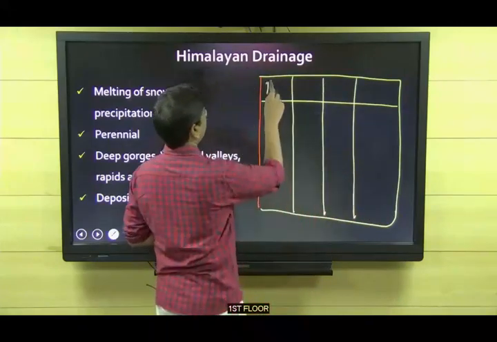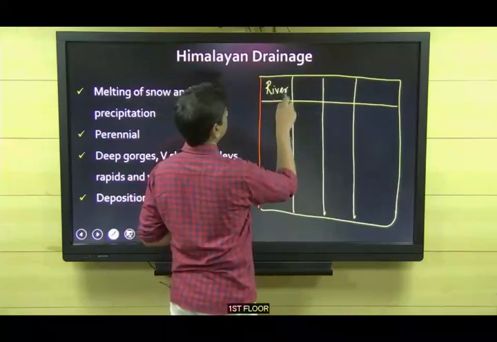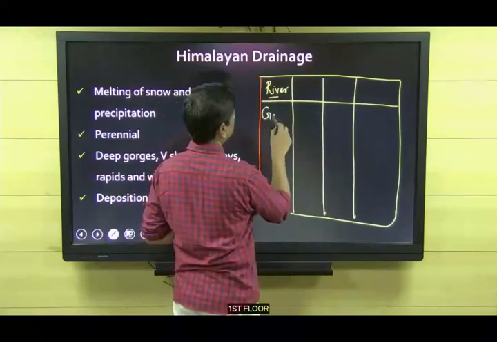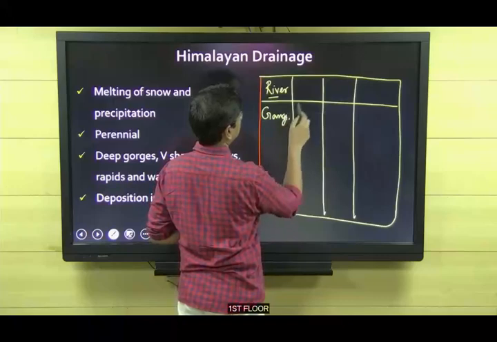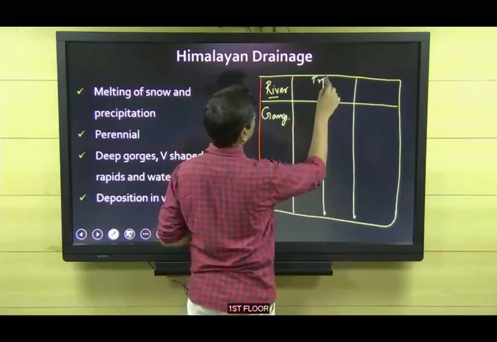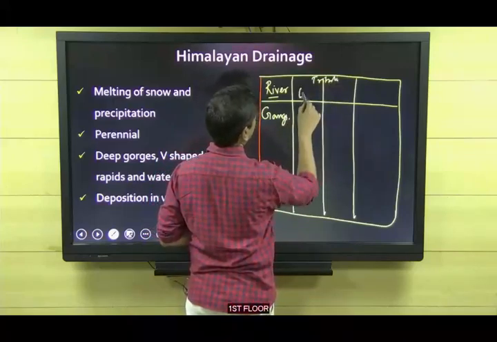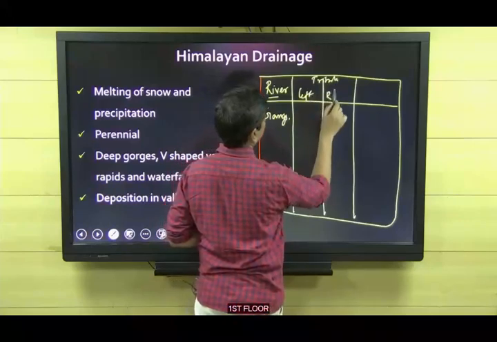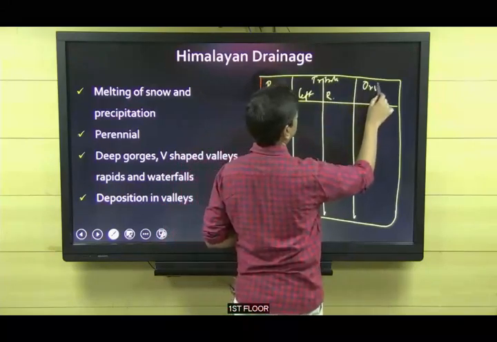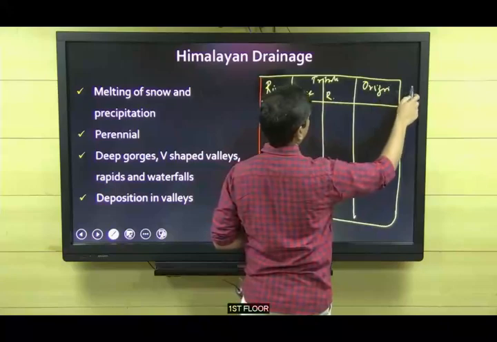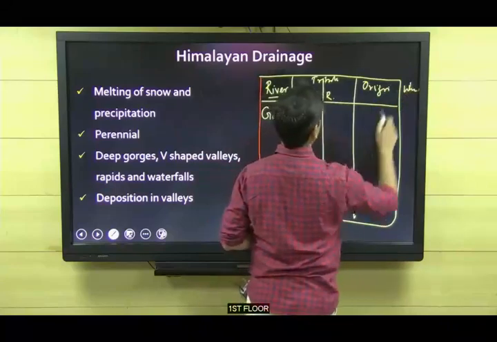The river name, Ganges, tributaries, left hand, right hand, origin place, where it drains, like that.